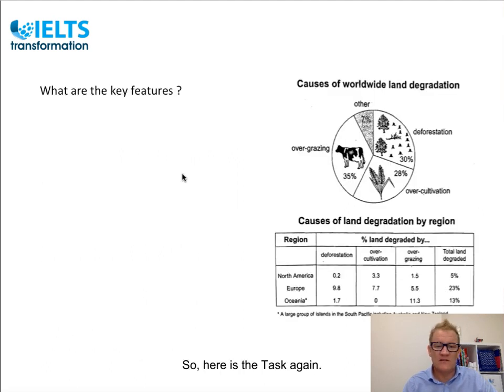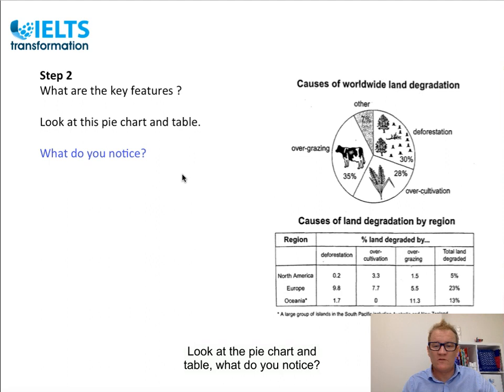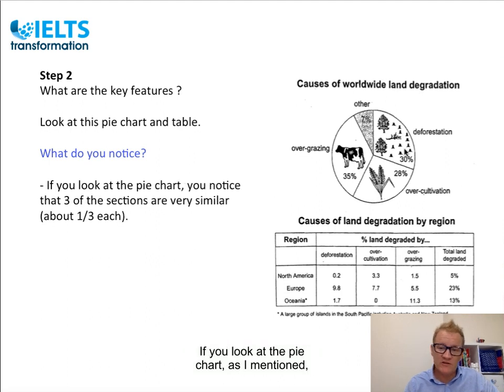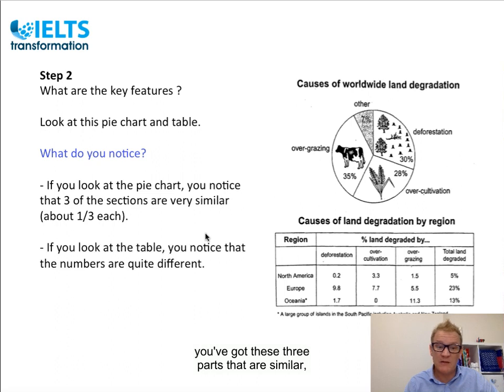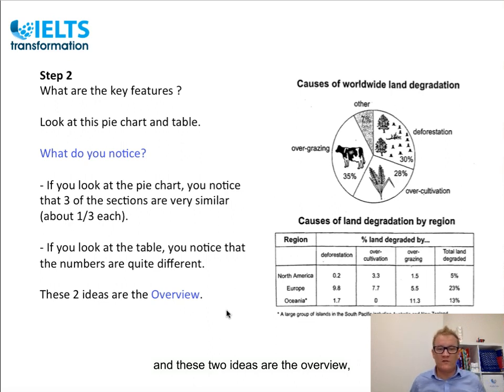Okay, so here's the task again. Look at the pie chart and table. What do you notice? If you look at the pie chart, as I mentioned, you've got these three parts are similar, about a third. If you look at the table, you'll notice that the numbers are quite different. So these three countries have very different numbers. And these two ideas are the overview, which we will talk about in much more detail.